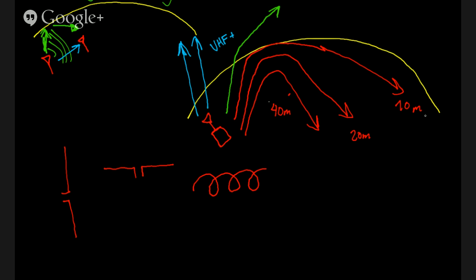Skip happens when signals are refracted and reflected by the ionosphere. And when the ionosphere is excited, we can hear distant stations. We refer to that as DX, distance. We can hear stations from, depending on the frequency, thousands of miles away, depending on atmospheric conditions.